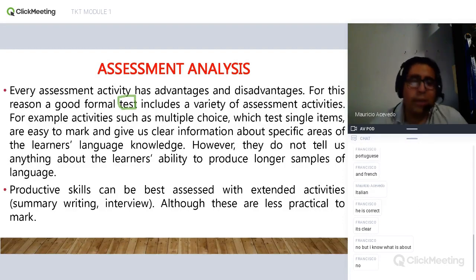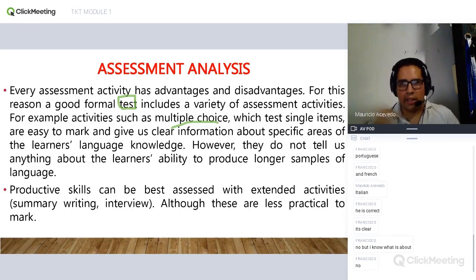I think so. But for example, activities such as multiple choice with test single items are easy to mark, right? B, C, A, B, B, C, A, D, and so on. And they give us clear information about a specific area of the learner's language knowledge.